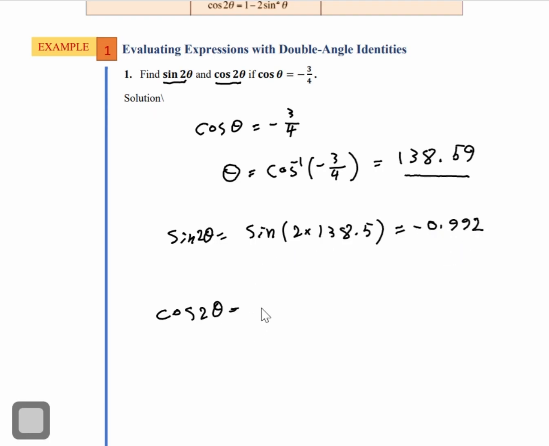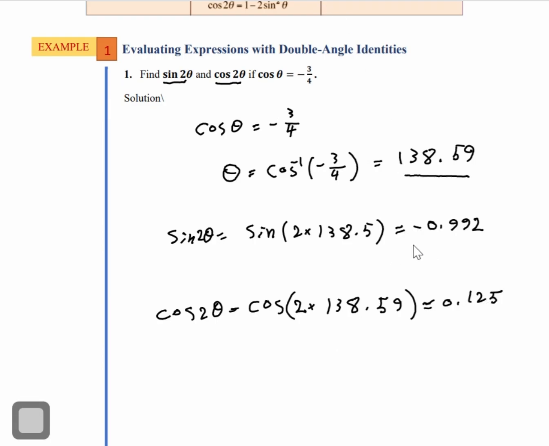Here, we have to substitute it for theta also. We have cosine of 2 multiplied by 138.59. When we evaluate it by a calculator, it equals 0.125.